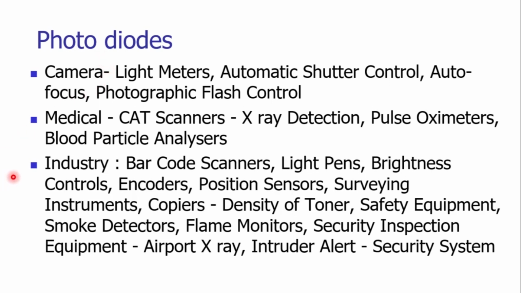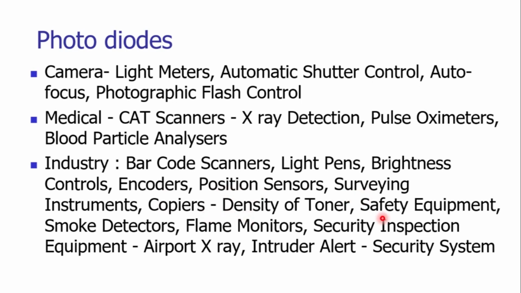Moreover, in the automation industry, the photodiodes are used for scanning purposes, to control the brightness, for encoding purposes, and to measure the position. They are also used in surveying instruments and copiers, to measure the density of toner.